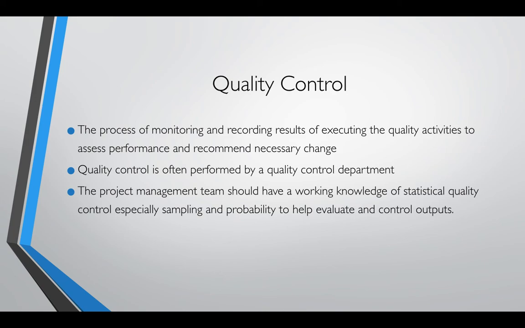They should know what's going on. They should know how to evaluate this and see if there's some more sampling or some different types of tests they can do to improve the quality of the product even more. So that's the goal of quality control.